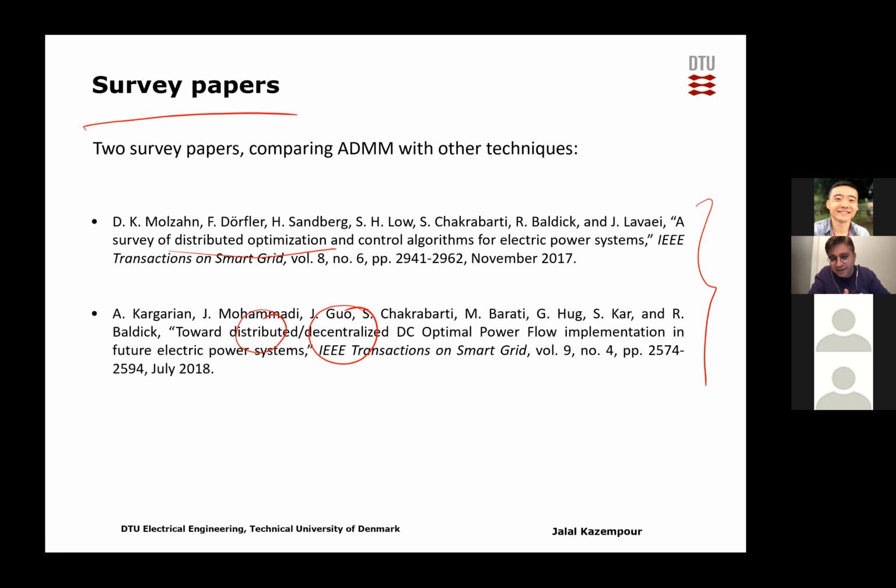All the techniques I taught are distributed because in all of them, you need to have a coordinator to update the dual variable, or in Benders, we need a master problem. But there are techniques with some tricks that are decentralized. It means that the subproblems directly contact each other, and we don't need to have the main coordinator. And then we can call it decentralized decomposition. I didn't cover it in the course.